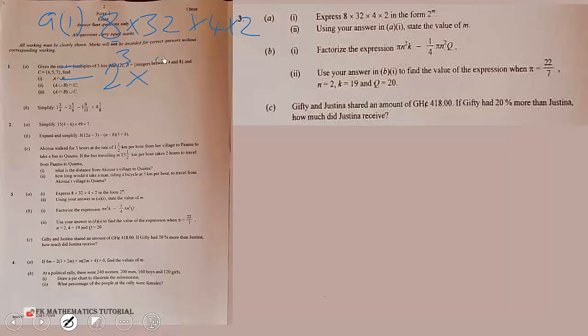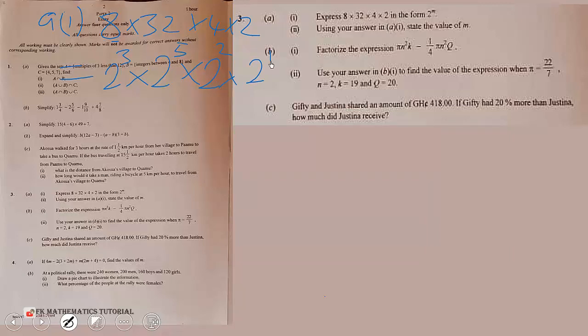So the 3 a i part, it says that we have to express 8 times 32 times 4 times 2 in the form 2 exponent n. So we write all to have base 2. 8 is the same as 2 exponent 3, 32 is the same as 2 exponent 5, 4 is the same as 2 exponent 2, and 2 is the same as 2 exponent 1.